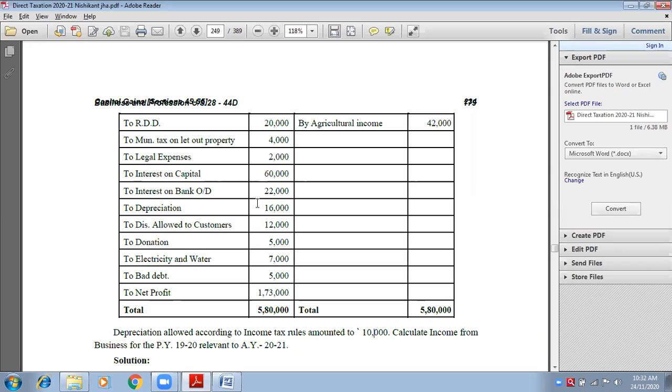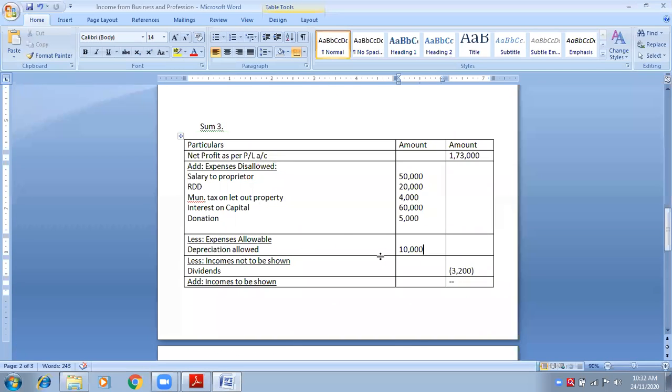But the income tax officer informs you that according to your business, depreciation should be only 10,000. You have shown 16,000, but the officer asks you to show only 10,000. So you have shown 10,000, allowable 10,000.